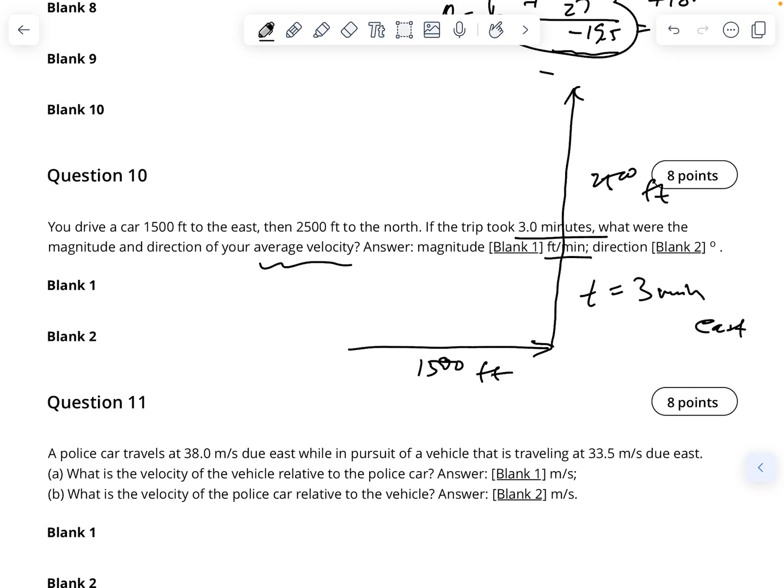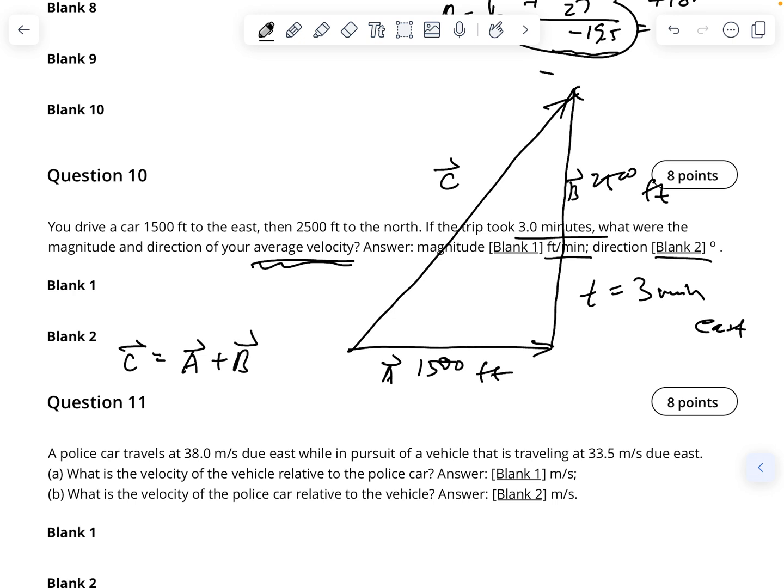Average velocity equals displacement over time. The displacement is a vector C, where C equals A plus B. So Cx equals Ax plus Bx. We know Ax is 1,500, since the whole thing is on the x-axis, and Bx is 0, because B is in the vertical direction.